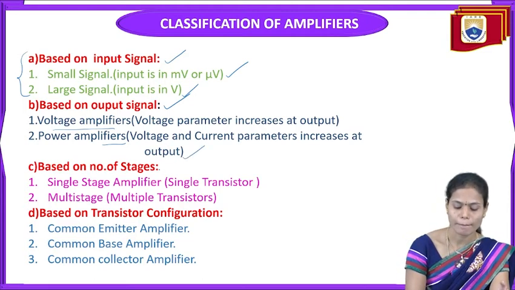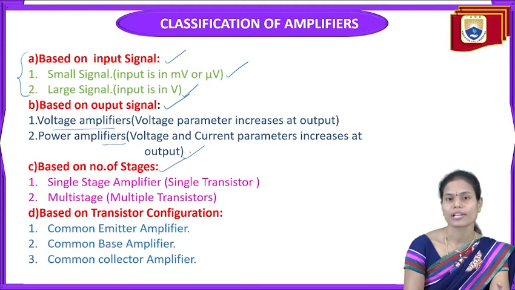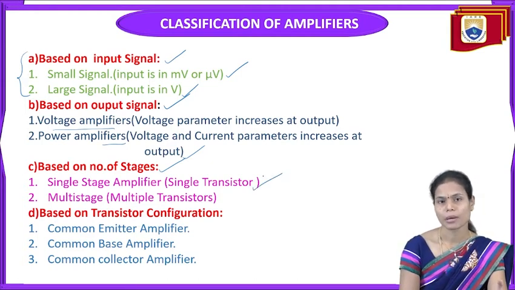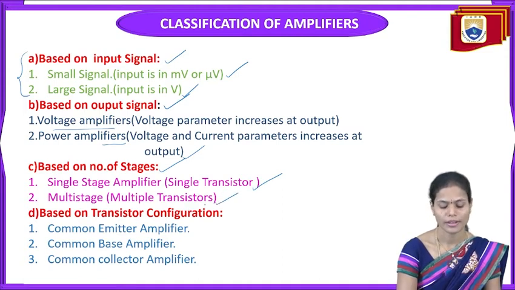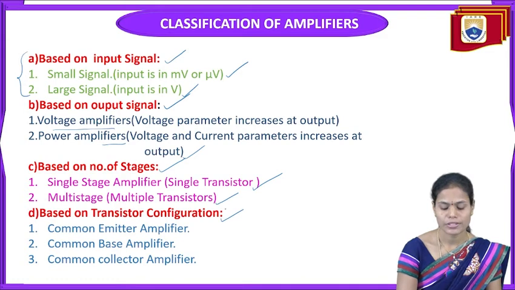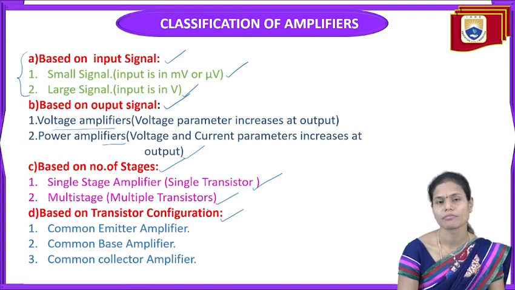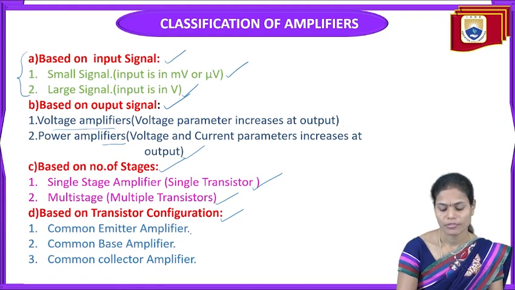And based on the number of stages utilized in the amplifier circuit, if you use a single stage, we can call it the single stage amplifier. If you use multiple transistors, we can call it the multi-stage amplifier. And next, it depends upon which type of configuration we are using in the amplifier circuit. If you use the common emitter configuration, it is called the common emitter amplifier.